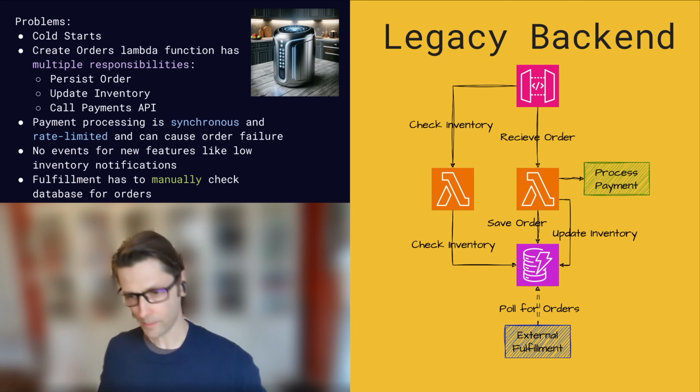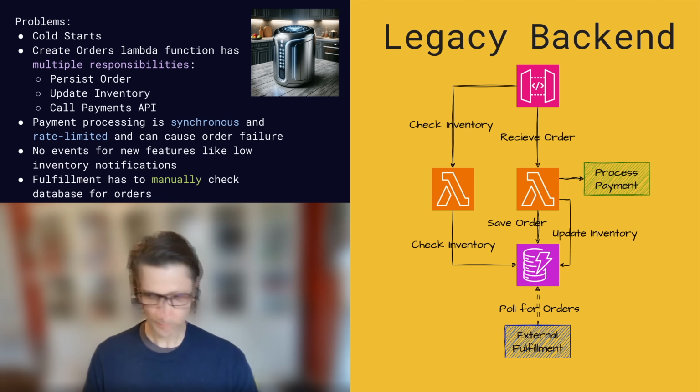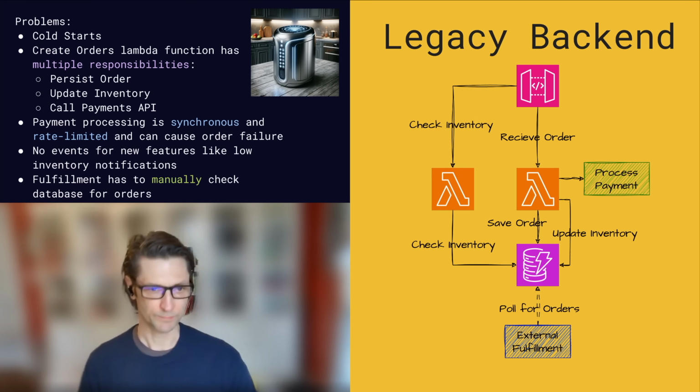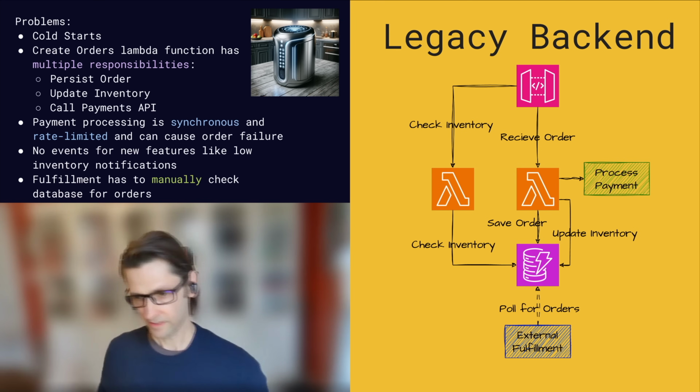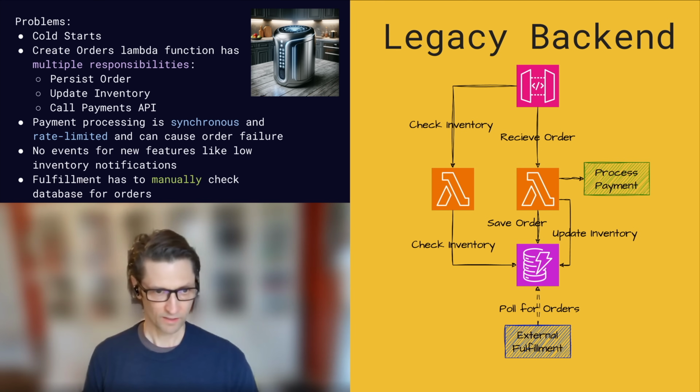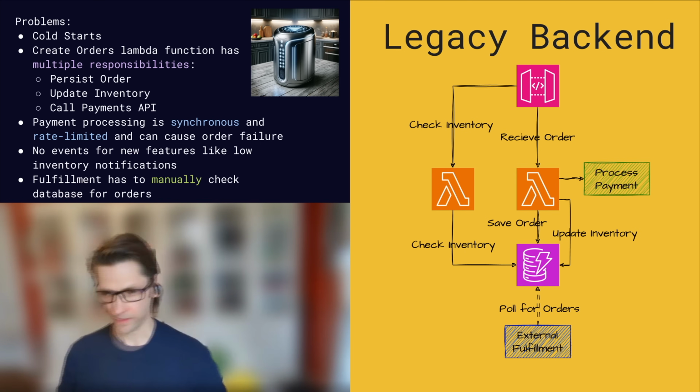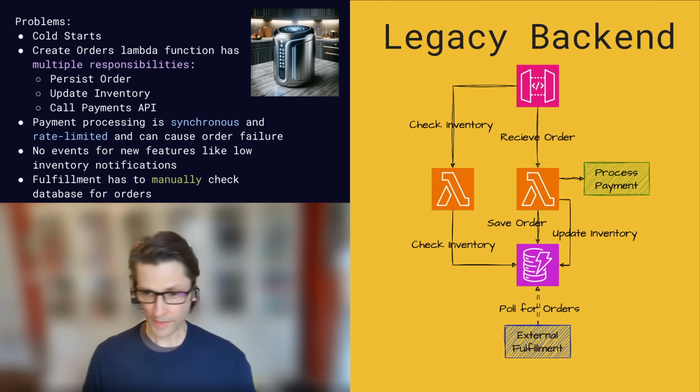It's saving an order and it's updating the inventory, and those are probably okay. We'll come back to that in a second. You can probably do two calls to DynamoDB inside the Lambda function. But the process payment one is one that we're really concerned about.